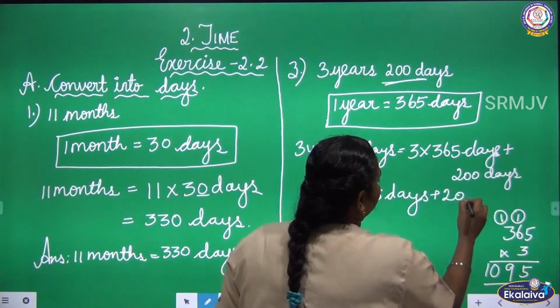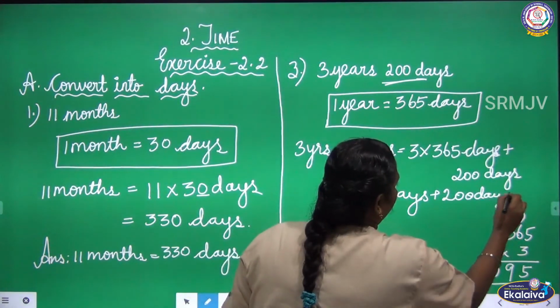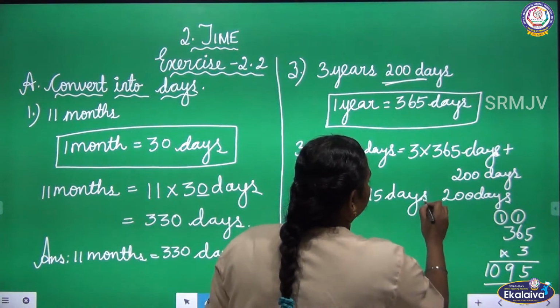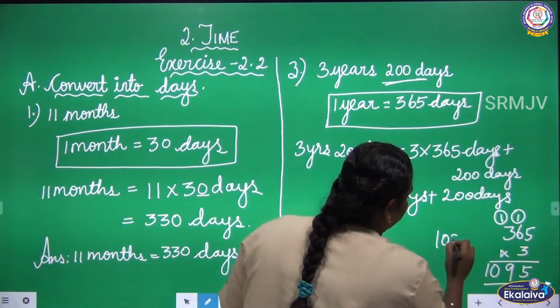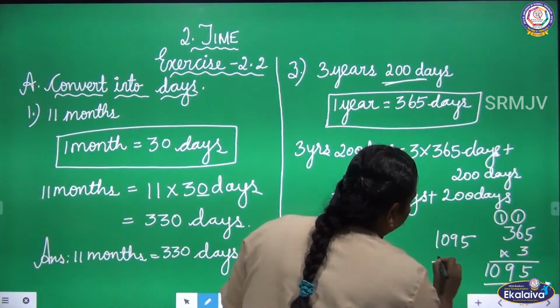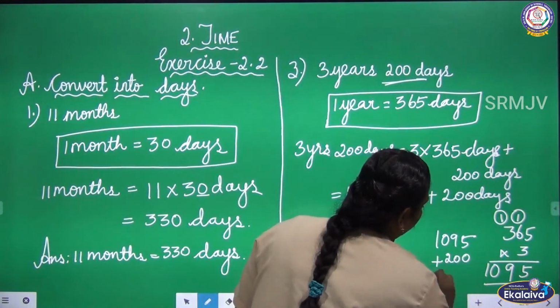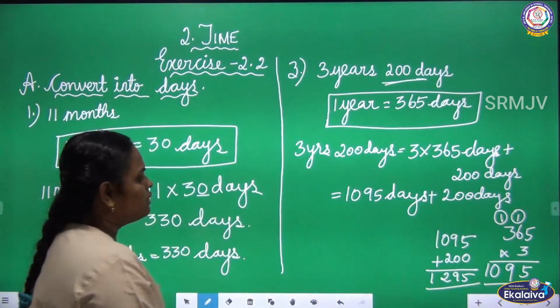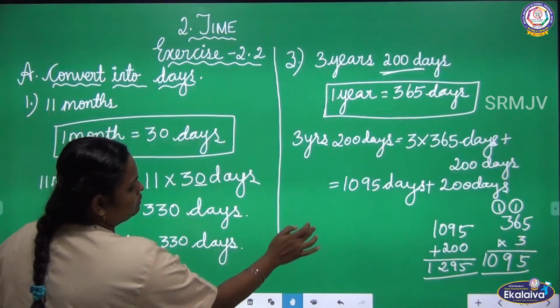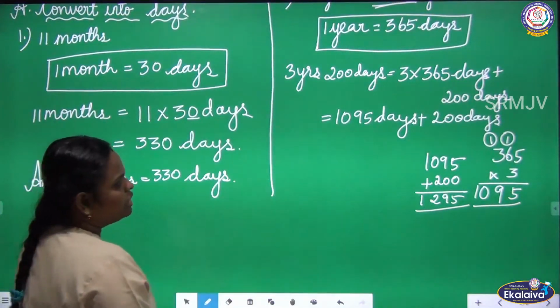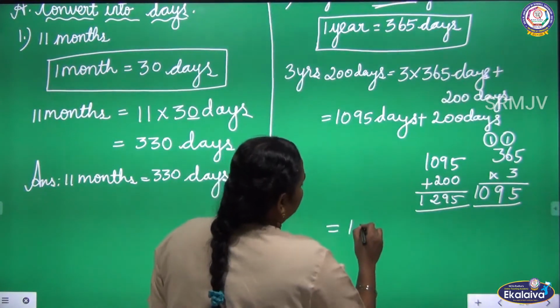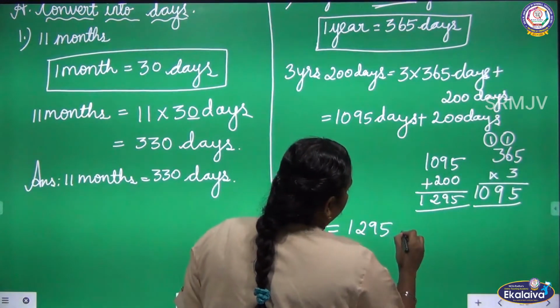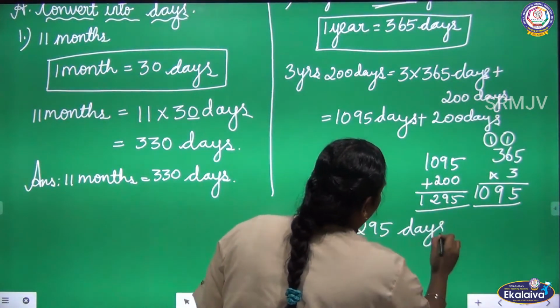So if you add 1095 plus 200, add and tell me. 1095 plus 200, so 1295. So how many days children? 1295 days.